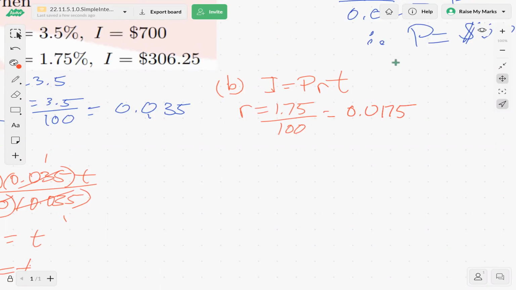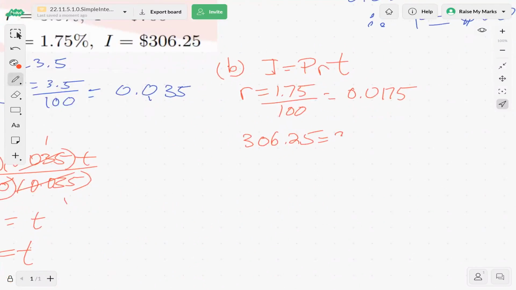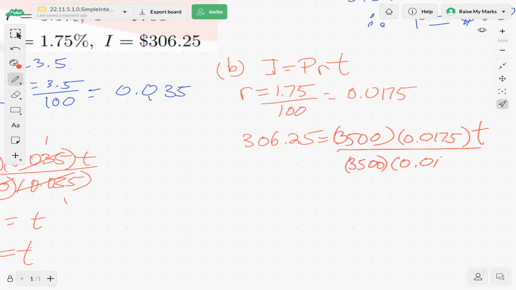So our interest earned is 306.25 equals, and our principal is 3,500, our interest rate per year is 0.0175, and we're looking for the time. I'm going to divide both sides by 3,500 times 0.0175.